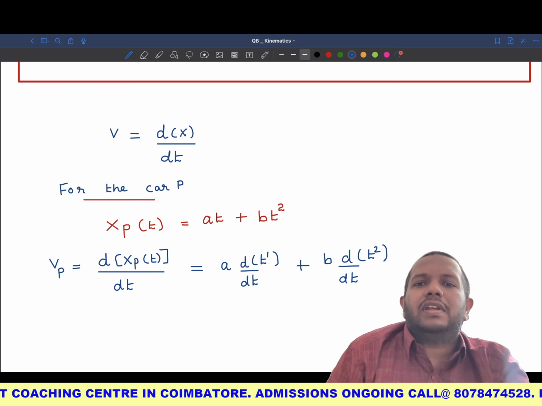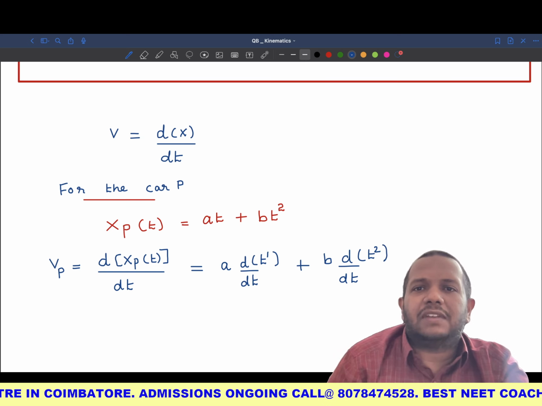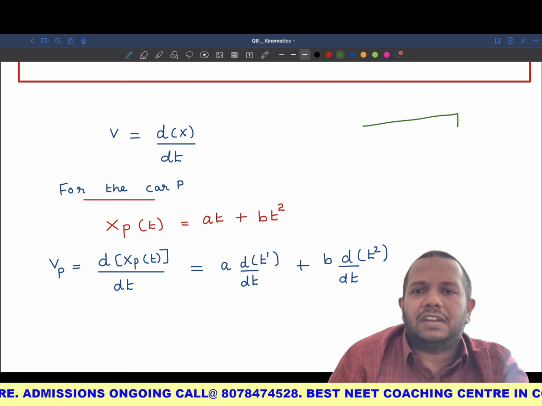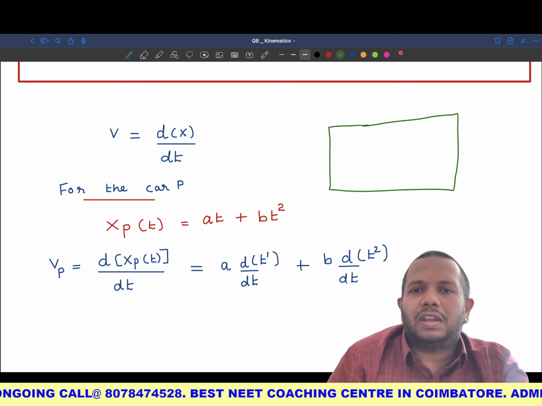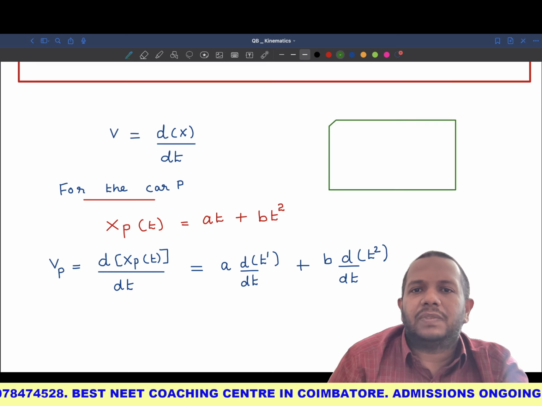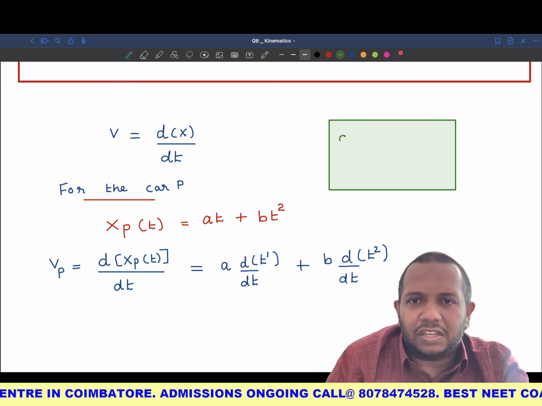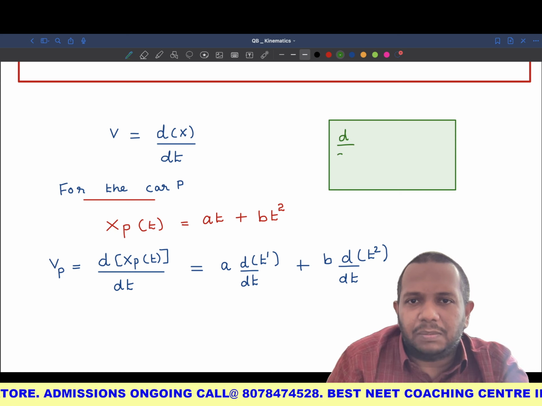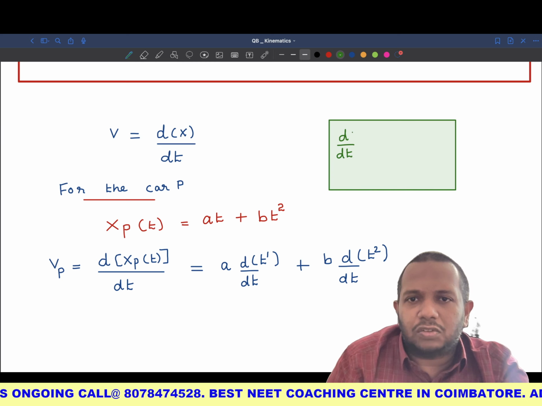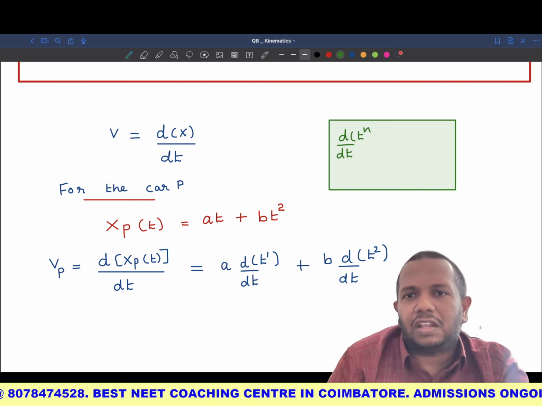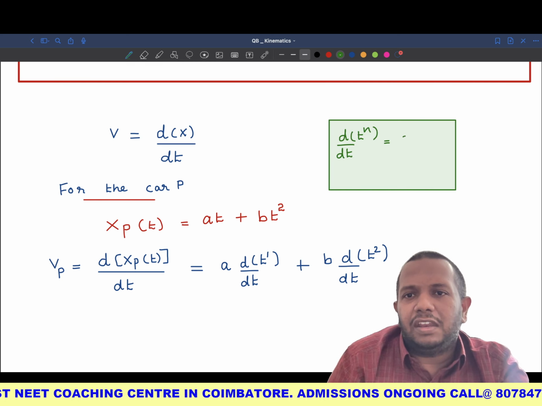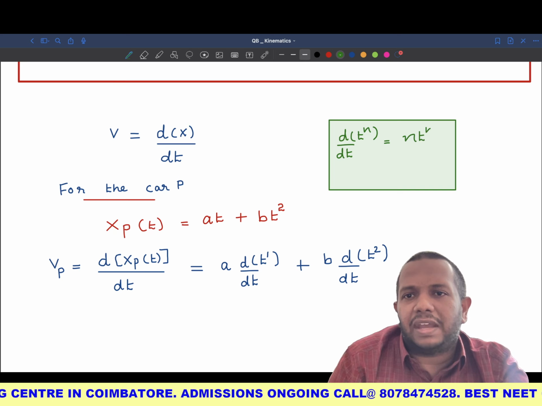Now you might be knowing the fundamental, so I am putting that fundamental in bracket, that is the differentiation fundamental. The fundamental says that if you differentiate t raised to n with respect to t, then it will be n into t raised to n minus 1.